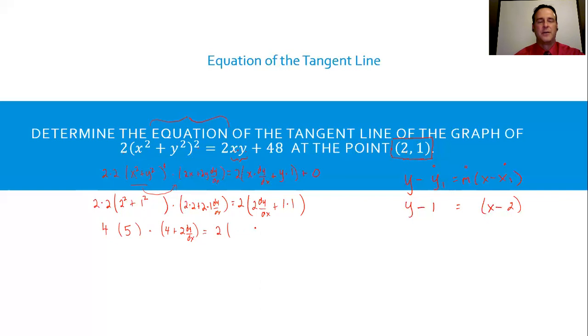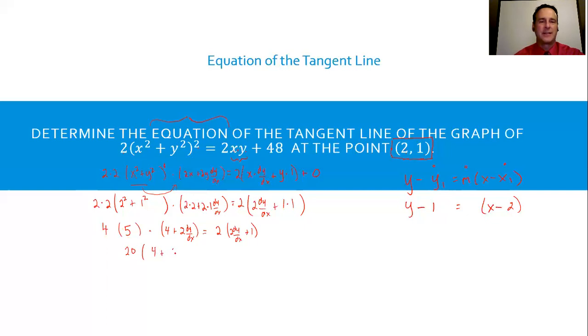This side is 2. And this is 2 dy/dx plus 1. All right, now from here, I'm going to simplify it just a little bit more. And once I get it simplified on each side as far as I can go, then I'll solve for the dy/dx. All right, so let's see, this is 20.